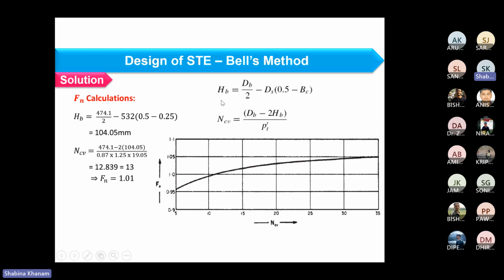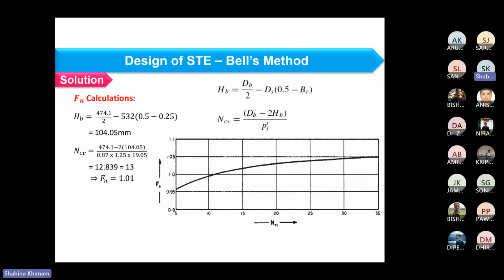Okay, and this NCV, if you see, this is the expression which we have discussed in the last class, DB minus 2 HB by PT prime, and this HB you can find by this expression. So HB you can calculate. BC is 0.25. It is not given in the problem, but 25% baffle cut is the optimum value which you should start with.